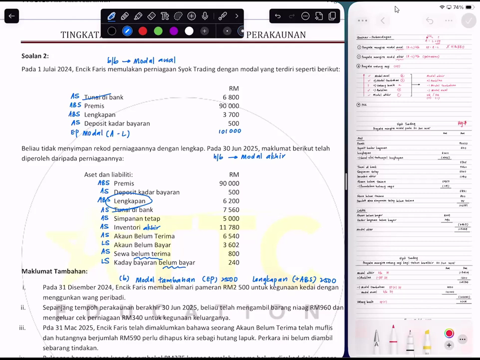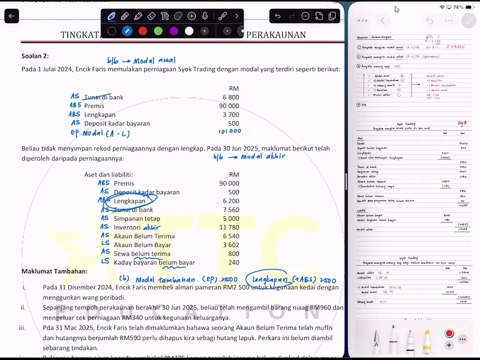That means we recorded before, and only something is missing. So we saw lengkapan in the list already. Do we still need to adjust the lengkapan value by adding another 2,500? Yes or no?